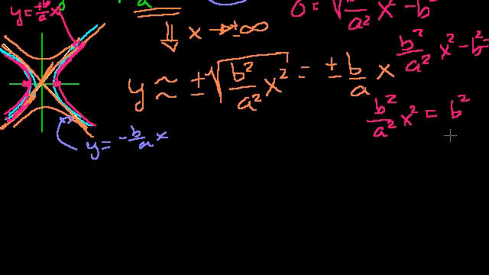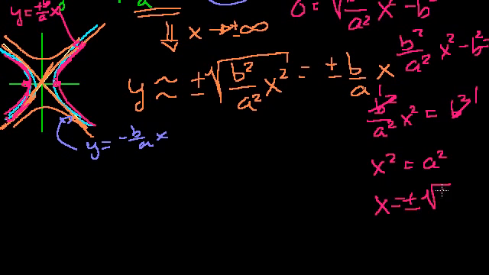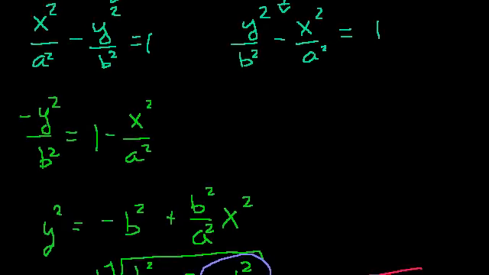You could divide both sides by b squared, I guess. You get a 1 and a 1. And then you could multiply both sides by a squared. You get x squared is equal to a squared, right? And then you get x is equal to the plus or minus square root of a squared. So this point right here is the point a comma 0, and this point right here is the point minus a comma 0.